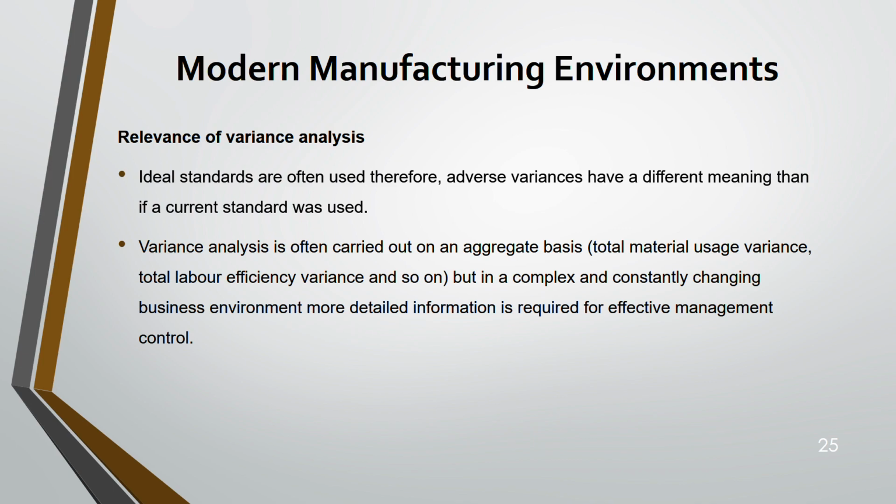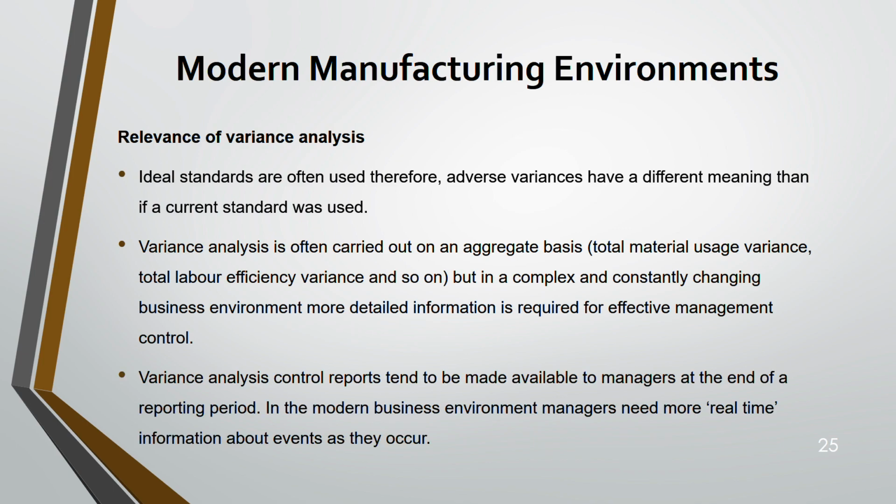But in a complex, ever-changing business environment, they might need more detailed information so that you can effectively control the management. And the last point, variance analysis control reports are often made at the end of the reporting period to the manager. But in a modern business environment, they might require more frequent information on a real-time basis.